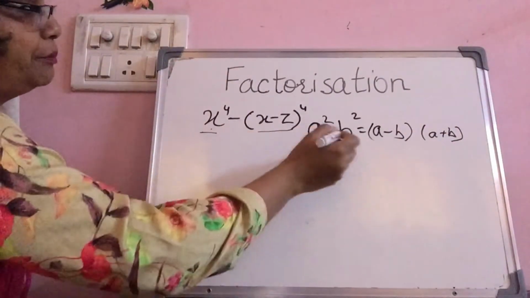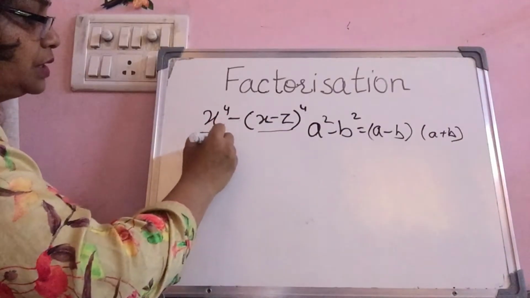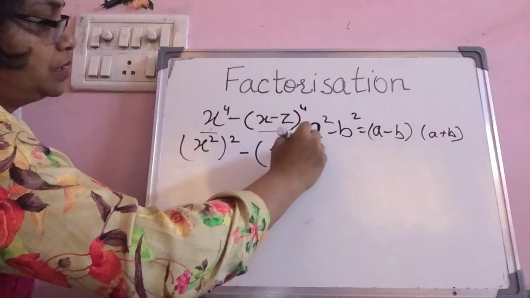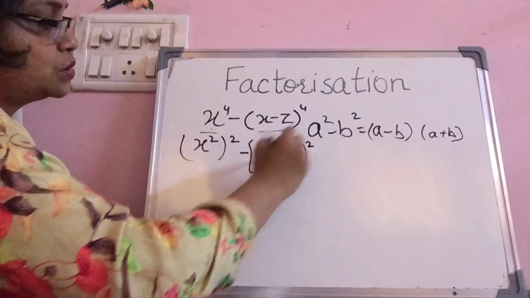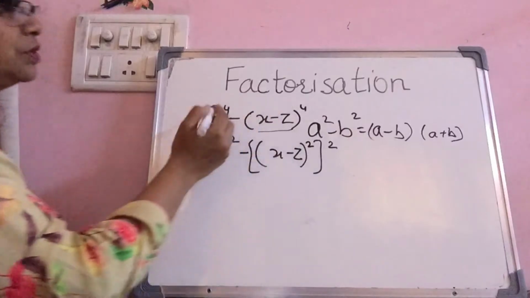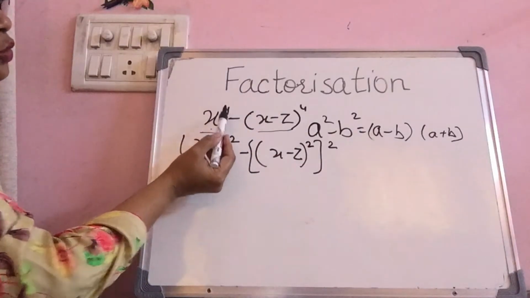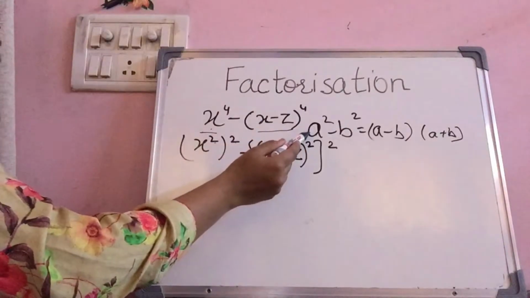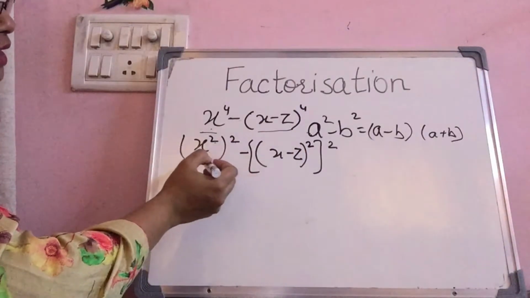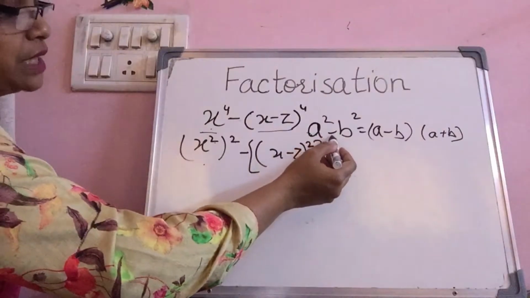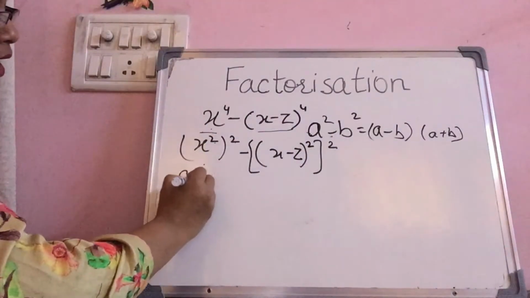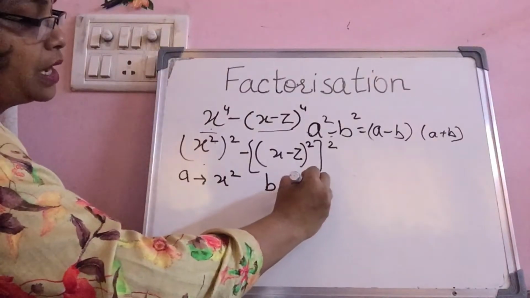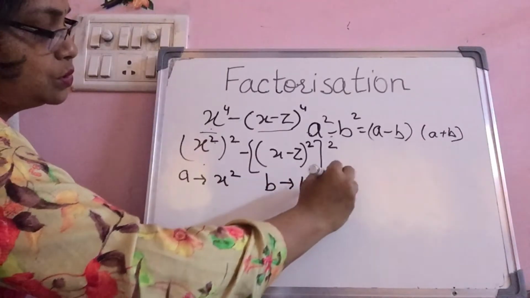Here, if we compare these two, we can write it like this: minus x minus z whole square. This 4 can be split into two factors, 2 into 2, so that we get this identity. Now comparing this with left hand side of the identity, we get a as x square and b as x minus z whole square.